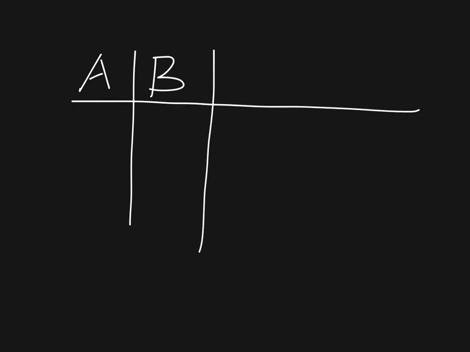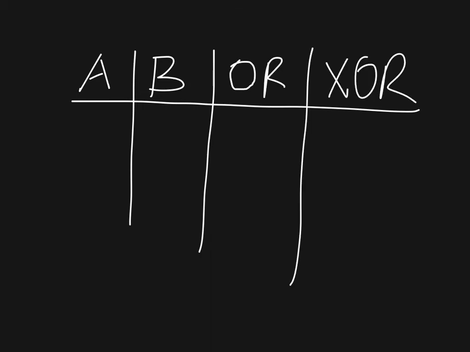If we were to combine them, let's have a look at what this would look like in terms of a truth table. So we've got our two inputs, A and B. That's the OR result, and that's the XOR. Now let's put our values in. We've got 0, 0, 1, 0, 0, 1, 1, 1.